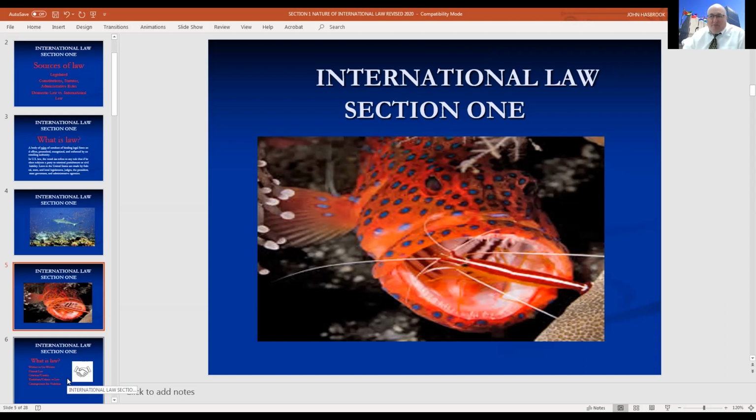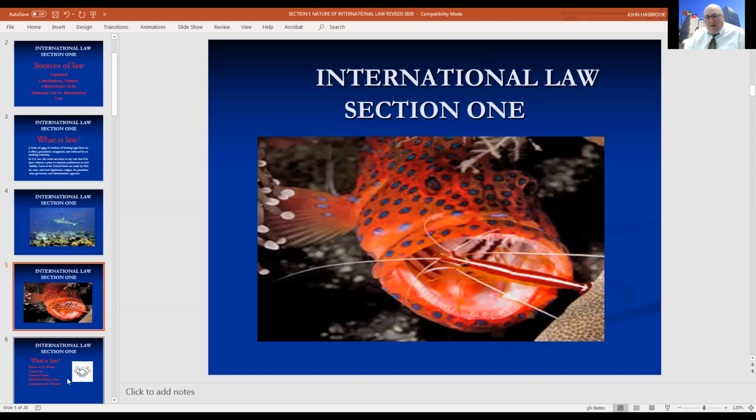This type of shrimp is called a cleaner shrimp. And there's an interesting thing that takes place on a coral reef. The cleaner shrimp will sit on a piece of coral, and larger fish will go to the small little shrimp. The fish will open its mouth, and the shrimp will go into the mouth at its great risk, of course, because it may be eaten.